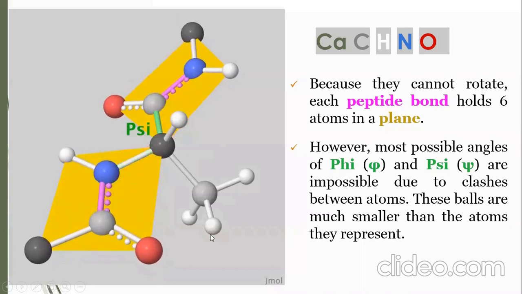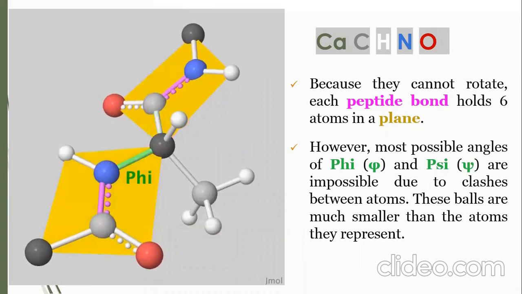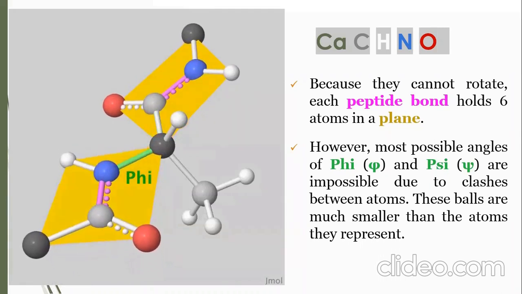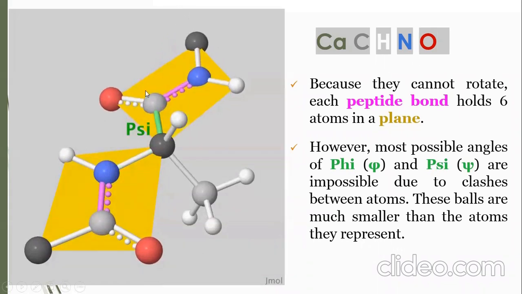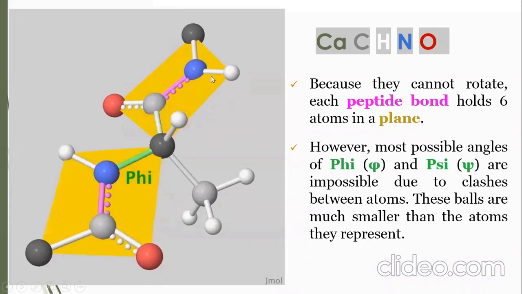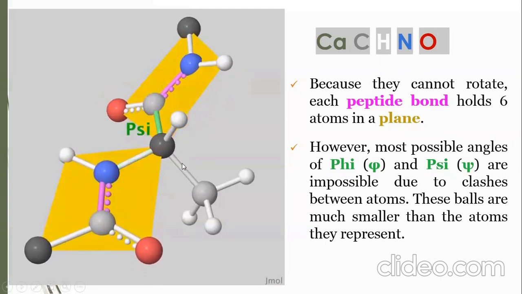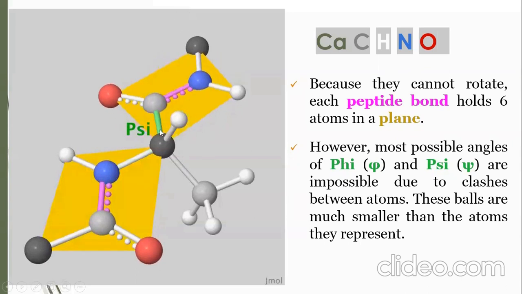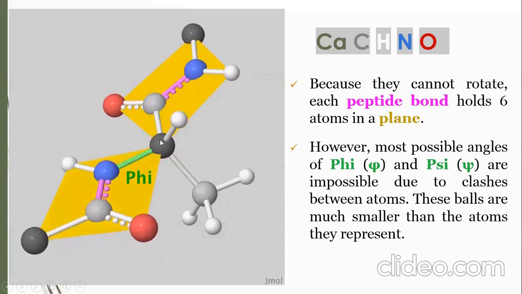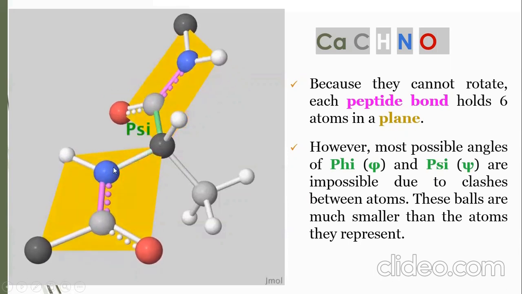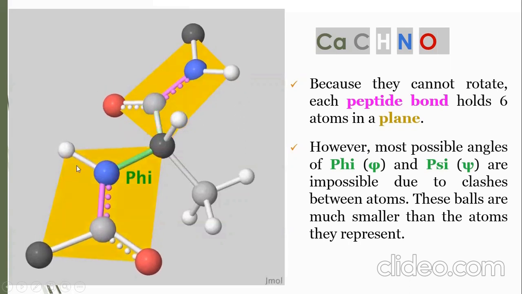However, most possible angles of phi and psi are impossible due to clashes between atoms. Most of the angles are not possible because these atoms will clash with one another due to their sizes. These balls are represented as much smaller than the atoms they actually represent. These atoms are actually much larger than what has been shown.